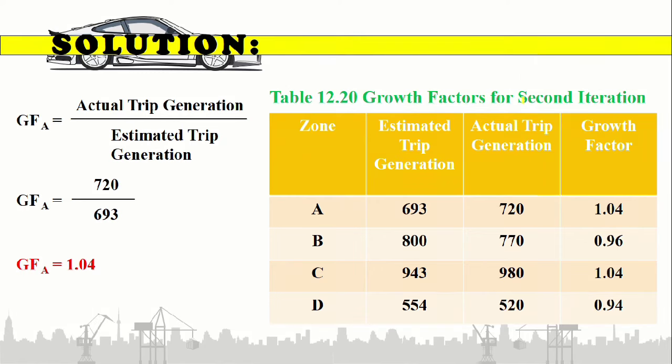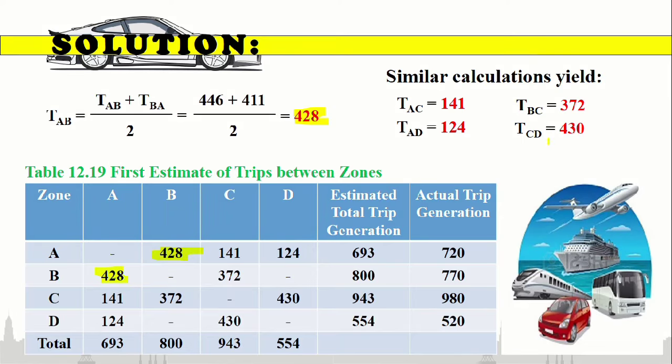So, kapag nakuha na natin yung mga first estimate of trips between zone, kukunin lang natin yung total sa A, B, C, and D, which is the total trip sa A is 693, sa B is 800, sa C is 943, and sa D is 544.